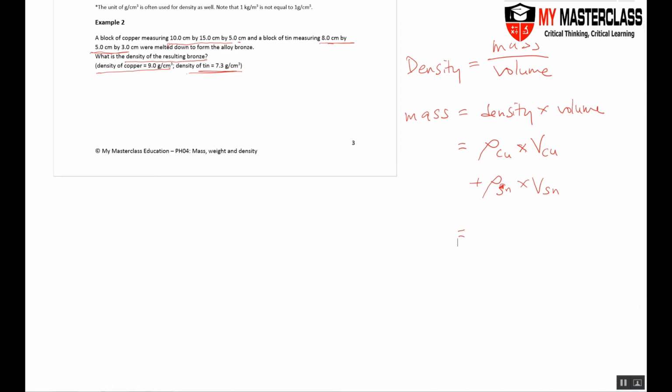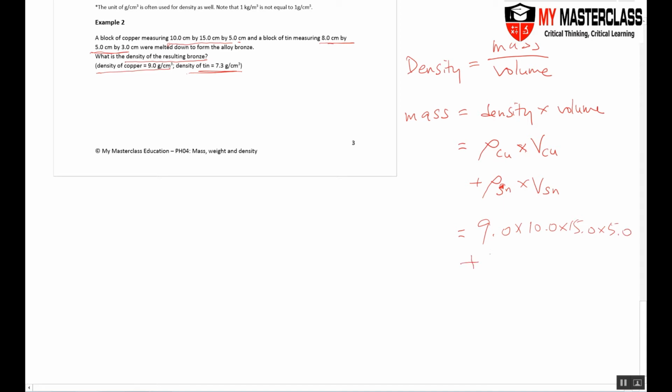Density of copper is given 9.0. The volume of copper is 10 multiplied by 15 multiplied by 5. Next, let's move on to tin.